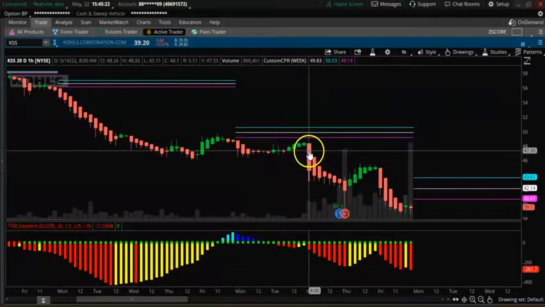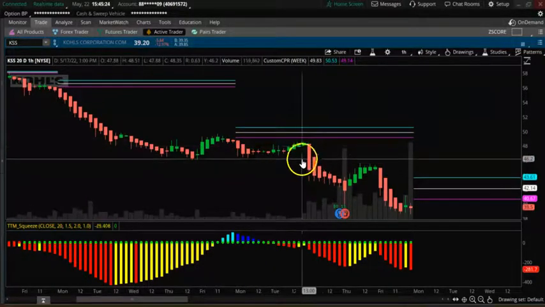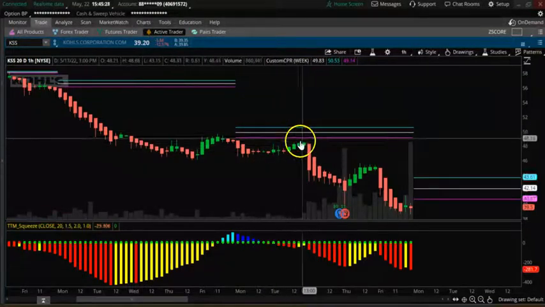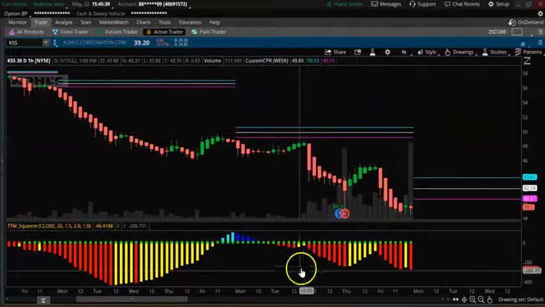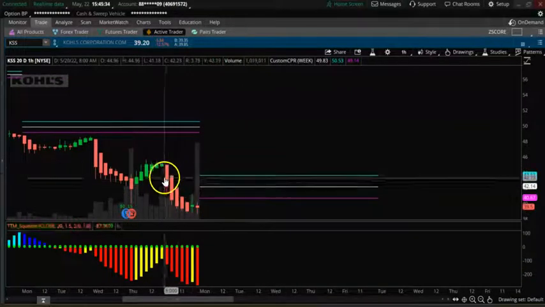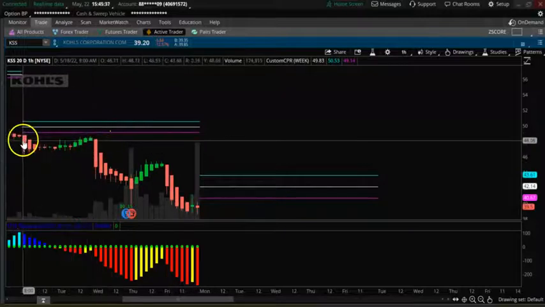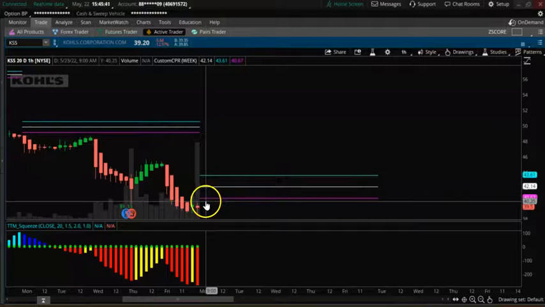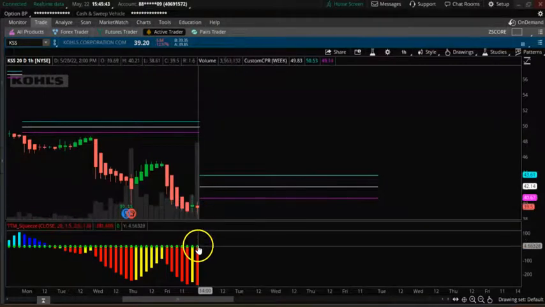If you want, you could wait till here for a bigger candle, but you can take the downtrend here and basically get out here. As long as it doesn't cut the CPR, you can stay in the trade. Here you also want to wait for a similar kind of candle, with a lower wick, no upper wick, only lower wick. You can wait for a candle like that and then take the trade. You can see the TTM also is red.